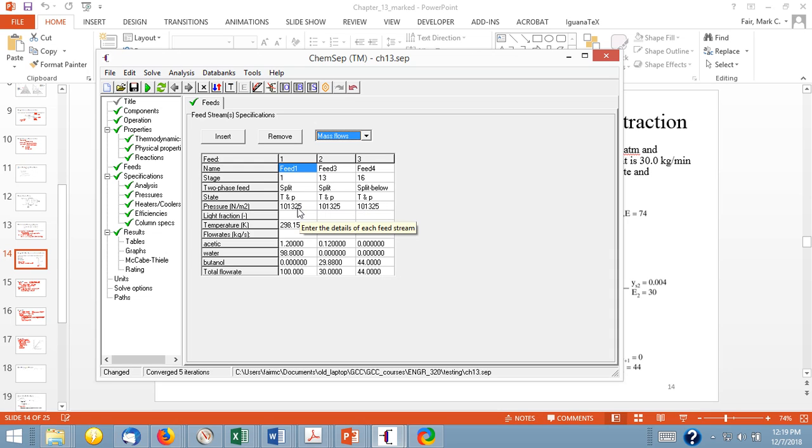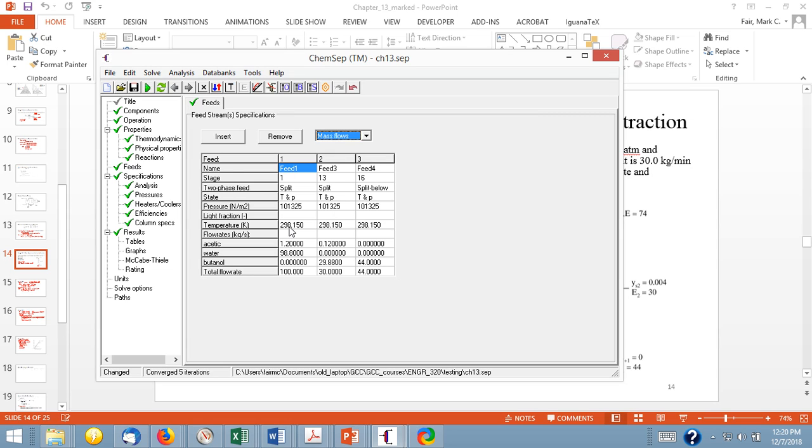This column operates at atmospheric pressure, and we're operating at a temperature of, well, technically speaking, in our example, we're at 26.7 degrees C, and I didn't put that in, I just put in 25. But I just wanted to show you something representative.